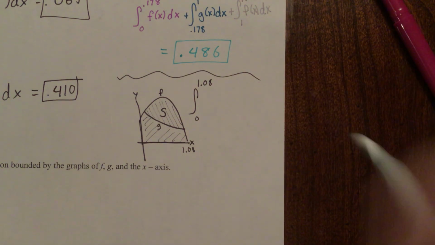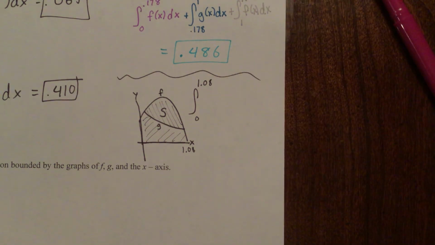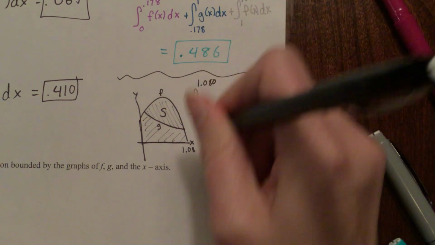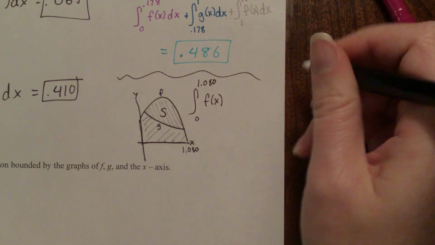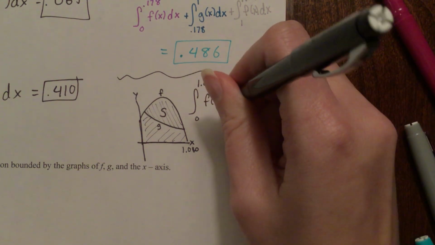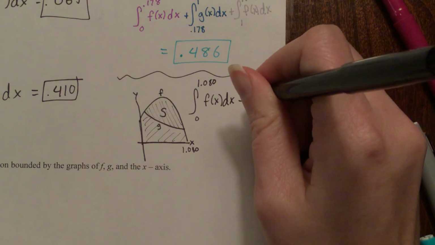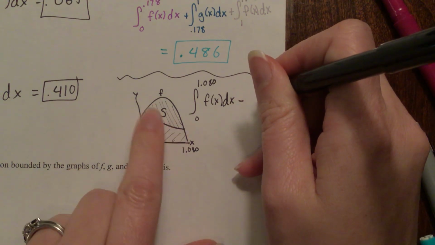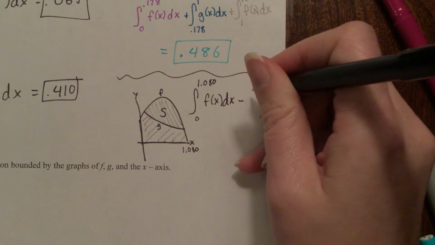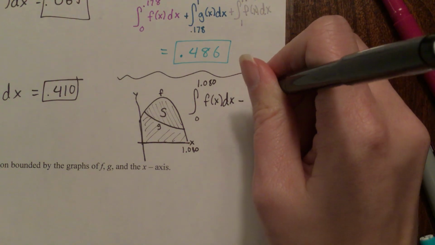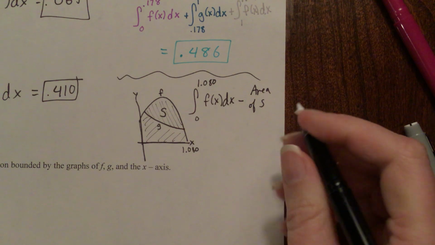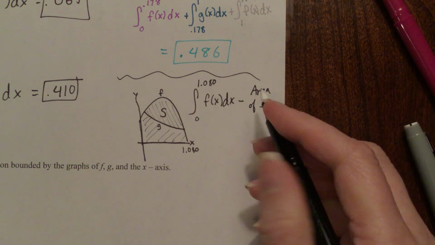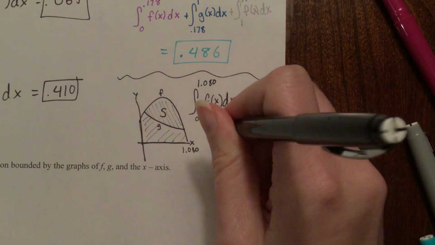Yeah, sorry, it was 1.080, 3 decimal places, Mrs. Campbell. Consistency, 1.080. So that integral also gives you 0.486.